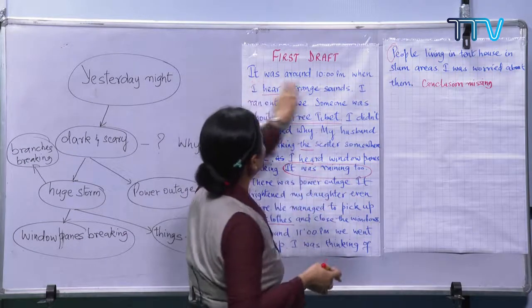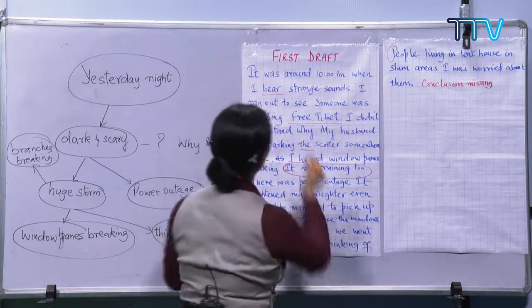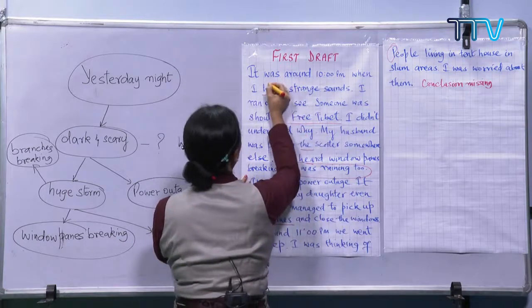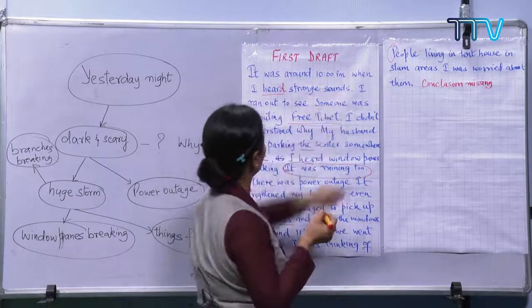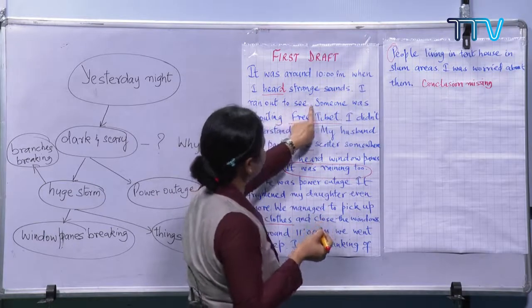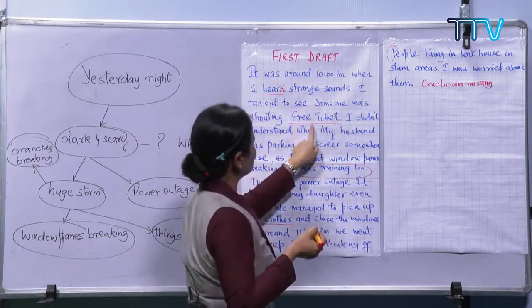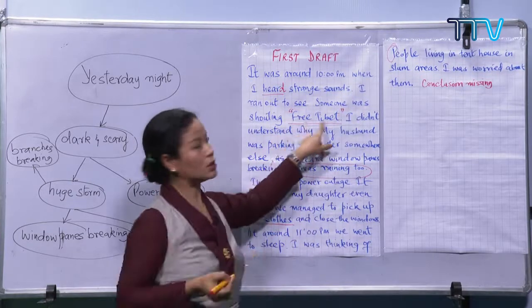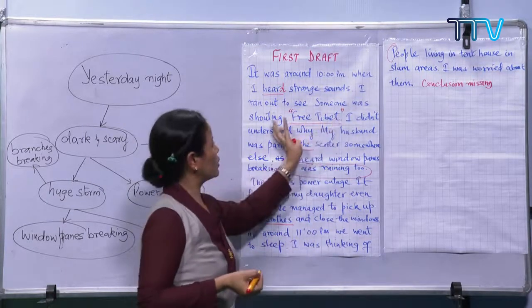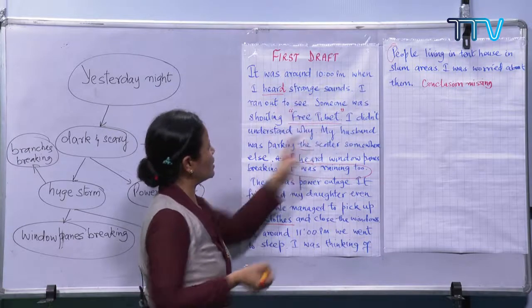So it was around 10 p.m. when I, okay, instead of here, what I can do is add this: I heard strange sounds. I ran out to see. Someone was shouting. Okay, we can keep this in inverted commas, right? So shouting this. I didn't understand why.